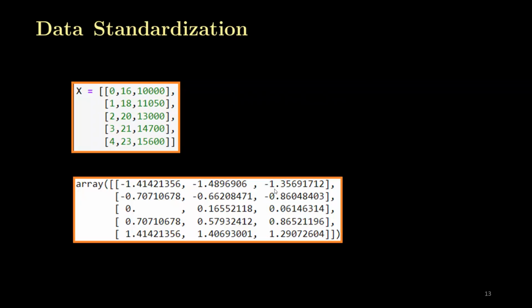In the third column, the minimum value is minus 1.35 and the maximum is plus 1.29. So we can see that in all these three columns, the minimum and maximum values are different, but they are close to each other, and there is no column which is dominating, whose magnitude is very high as compared to the others.